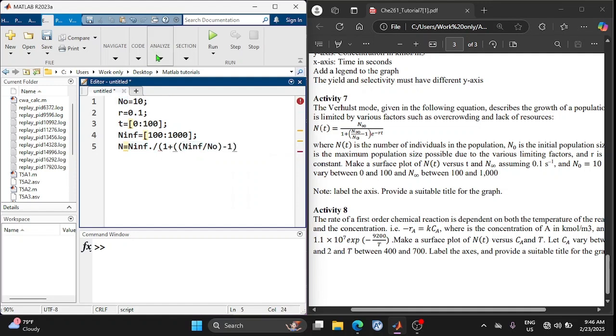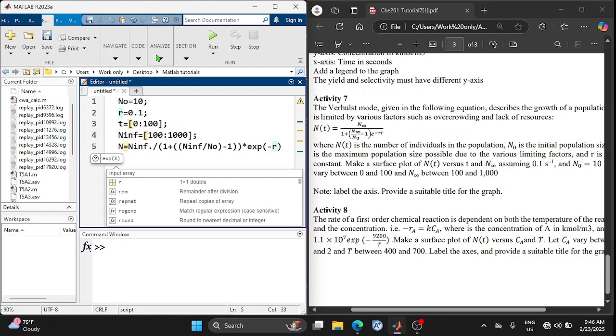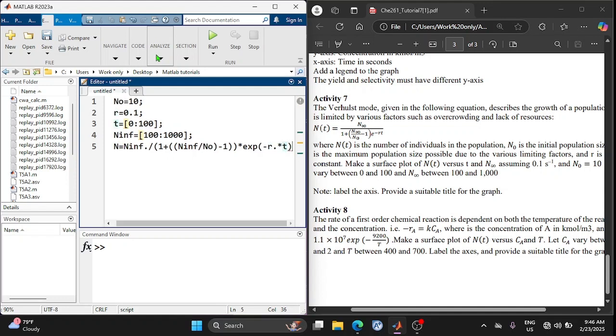All of that minus 1, and all of this times exponential of minus r times t. So let me put my final bracket as the denominator, and then let me put all my dots in there so that I wouldn't have any issue anywhere. So this is going to be my expression.